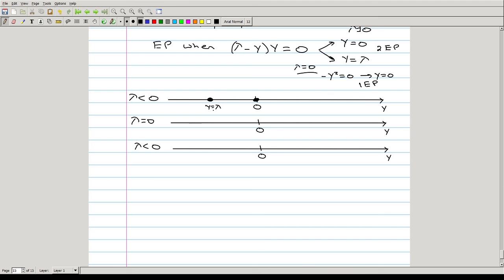And if y is less than lambda, (lambda minus y) times y is going to be negative. So any solution starting in this region will have a negative slope, or negative rate of change.